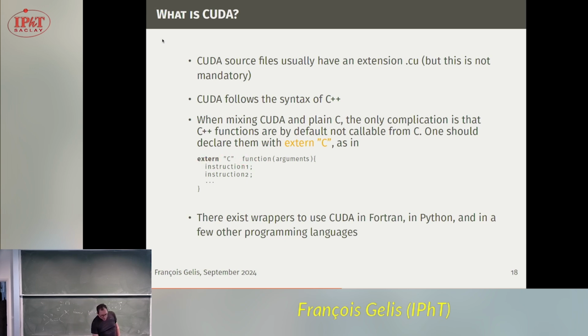The reason for this is that a given function in C++ can actually be compiled into several distinct functions in the binary program, because the same function name can apply to variables of different types. And what's happening under the hood is not that the running program recognizes, oh, this is a float, I should run it with float instructions.